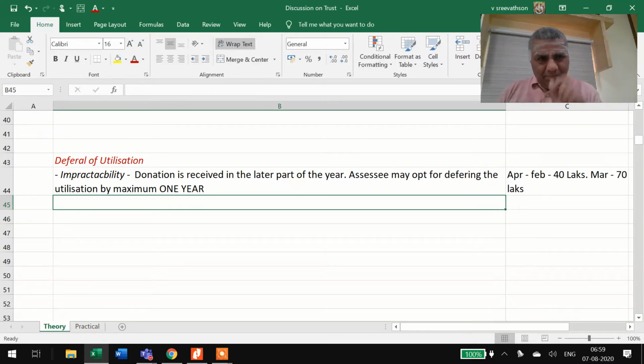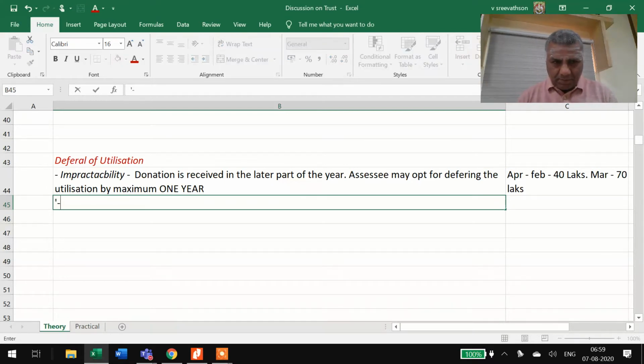Come to the middle branch. Due but not received. Friends, the trust is following the mercantile basis of accounting. Income is accrued but not received.